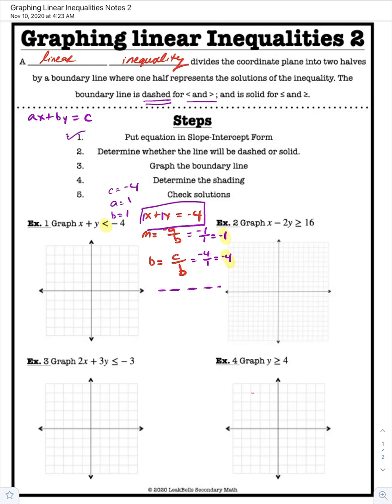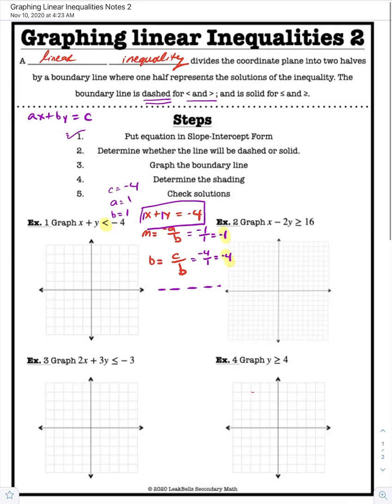And now we can graph our boundary line. We start at negative 4 on our y-axis. All right, and from here, we use our slope. So down 1, right 1. Right, because this is the rise. Since it's negative, we go down 1.